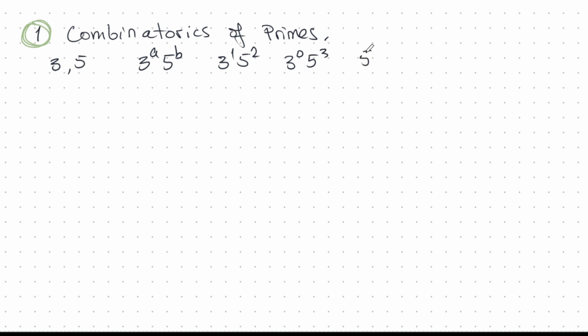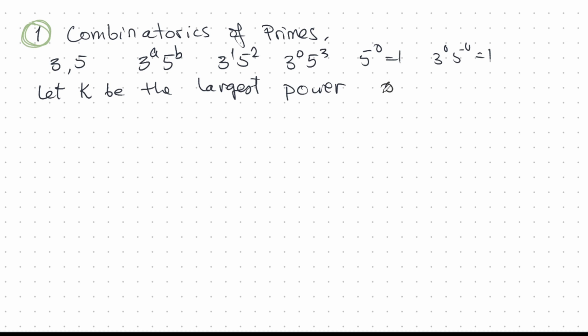Even something like 5 power 0, that's 1, or 3 power 0 times 5 power 0, that's 1. So all those combinations. Now let's put a limit on how far we can go. So let K, capital K, be the largest power. And then, of course, our exponents a, b are going to be between 0 and K.